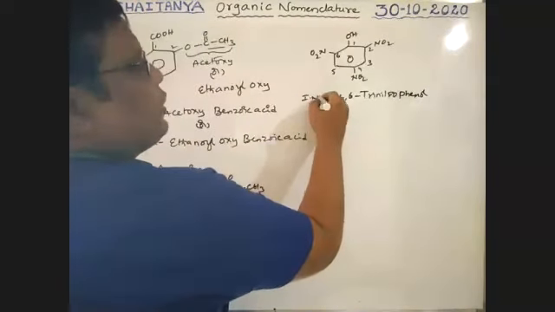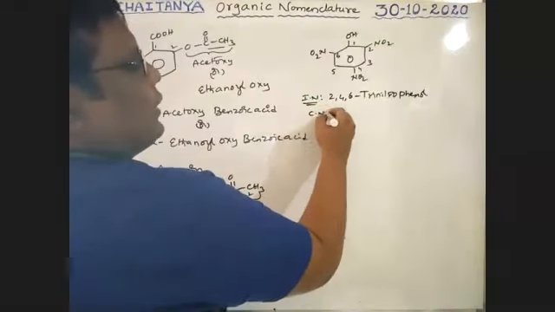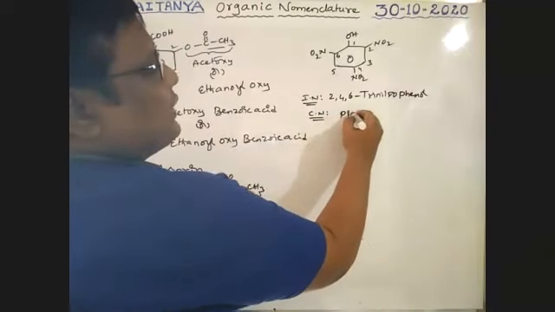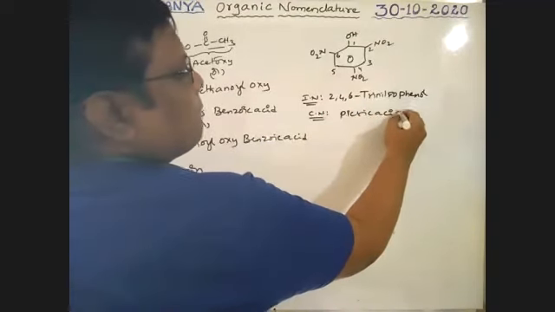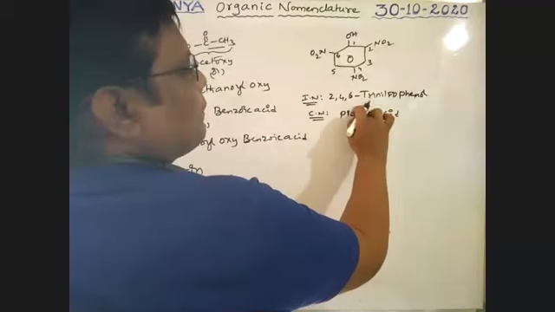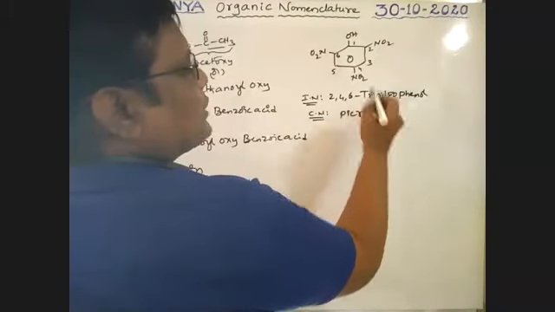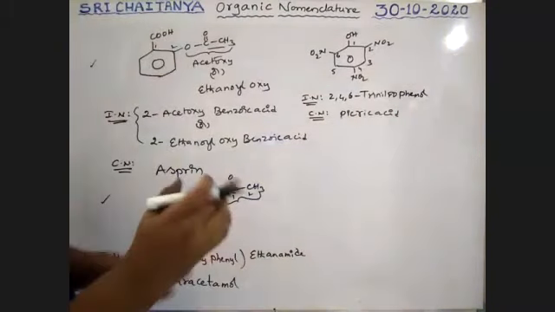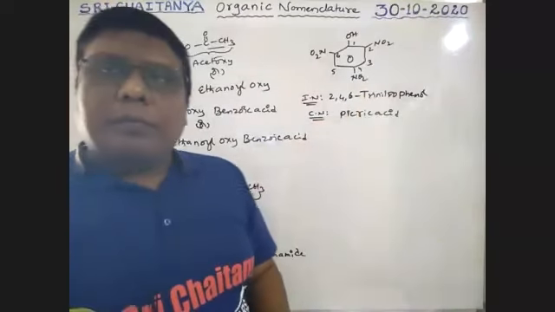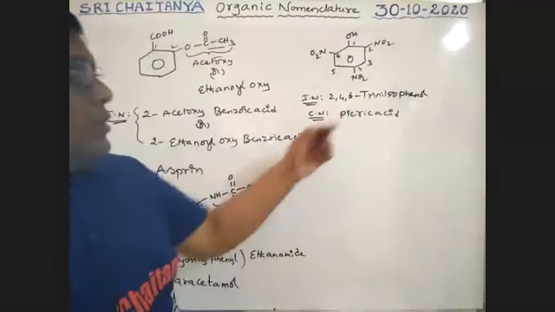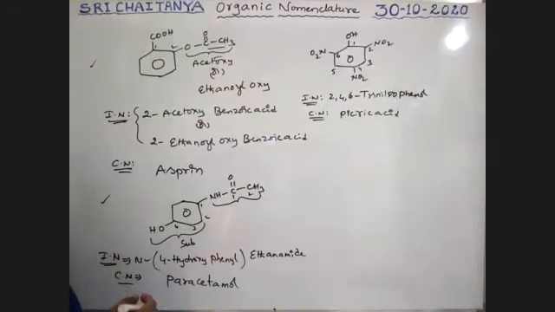That is its IUPAC name, but the common name is picric acid. A very strong acid, boys. So 2, 4, 6 trinitrophenol is commonly called picric acid.